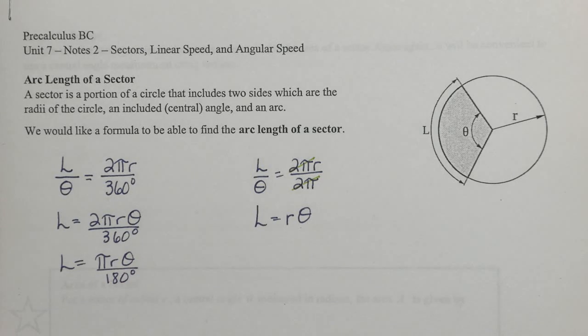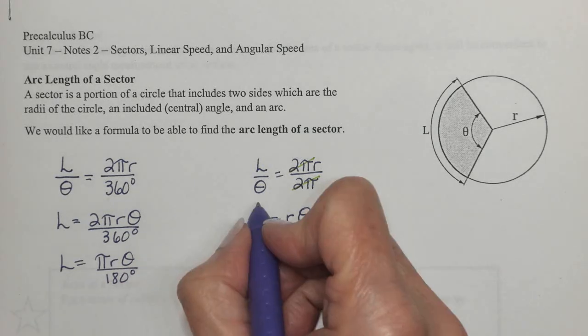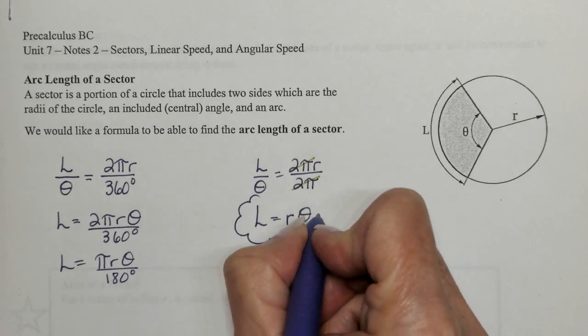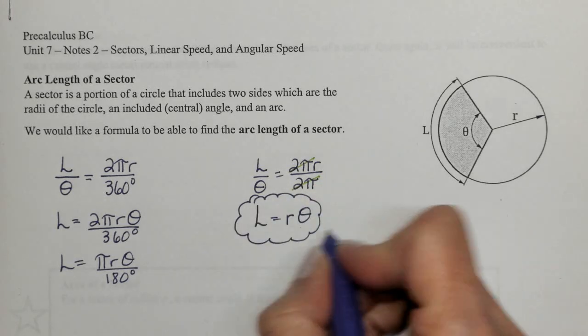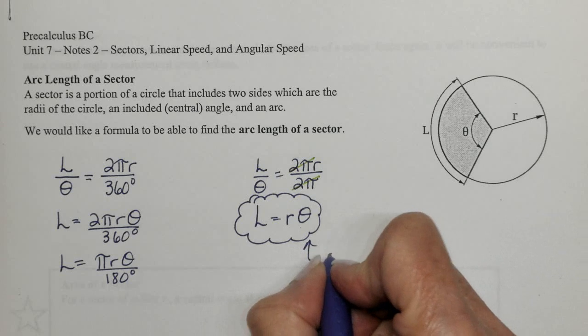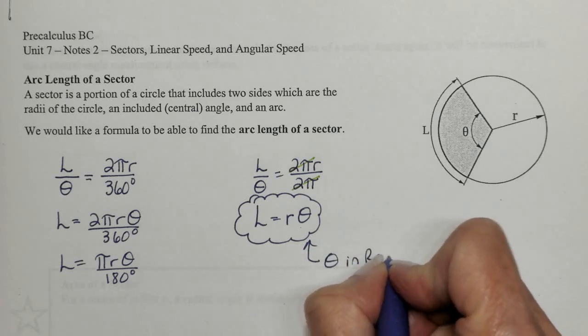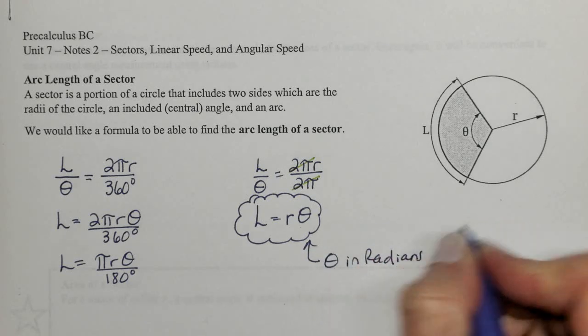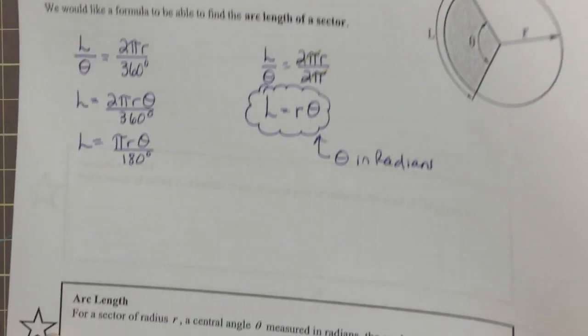But still, which one is easier? This one is easier. So this is going to be the one that we use. We're going to be using theta in radians because it creates a much simpler formula for us.